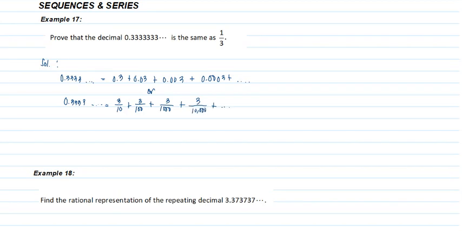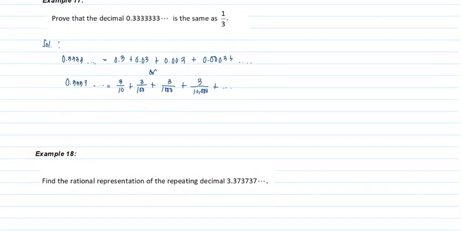So we could express it like that. So if we have these values now, we could actually make use of the decimal form as values that we could use in our geometric series formula, or infinite geometric series formula.